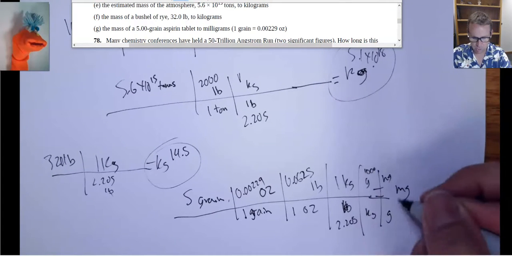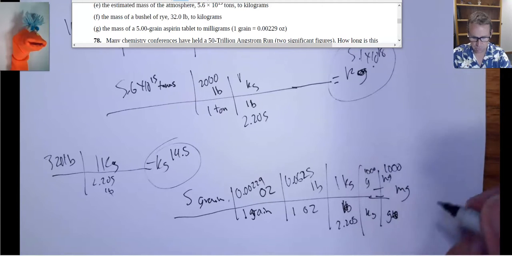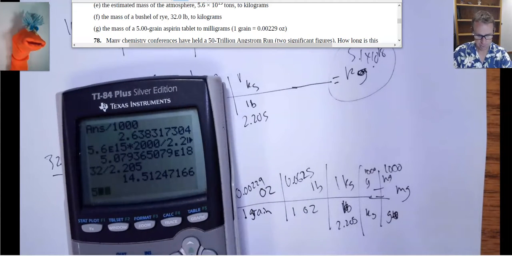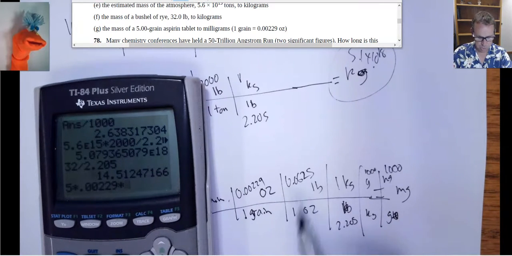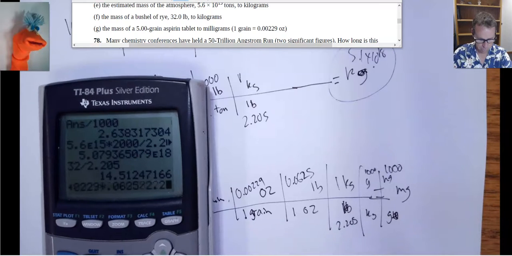1,000 grams for every kilogram, 1,000 milligrams for every gram. So 5 times 0.00229 times 0.0625 times 1,000, or divided by 2.205, times 1,000 times 1,000.